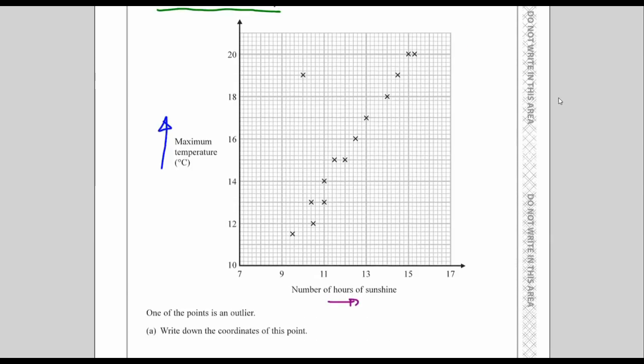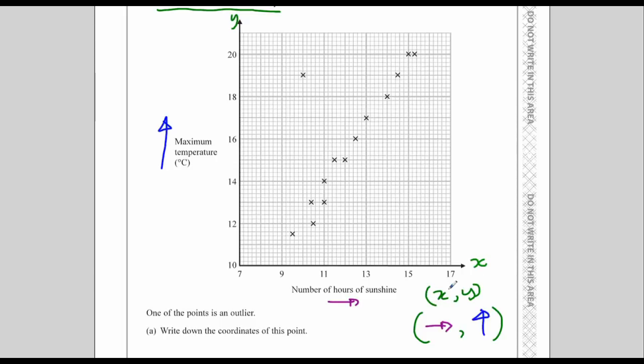One of the points is an outlier. Write down the coordinates of this point. Now when you're writing coordinates, remember to go along the corridor before you go up the stairs. That's the saying to remember it. Okay, and another way to remember it is x, y, and x comes before y in the alphabet.